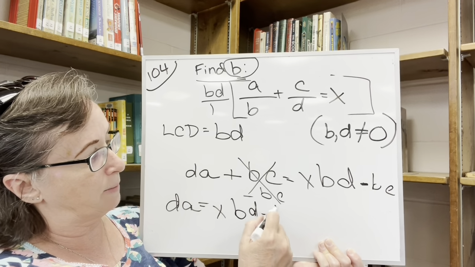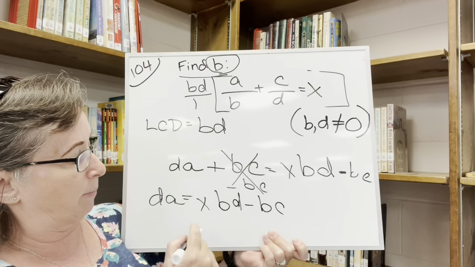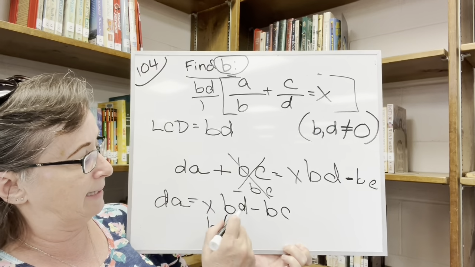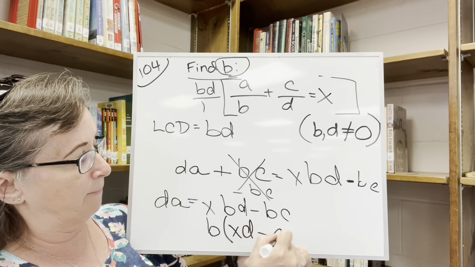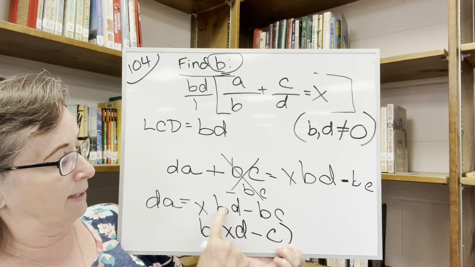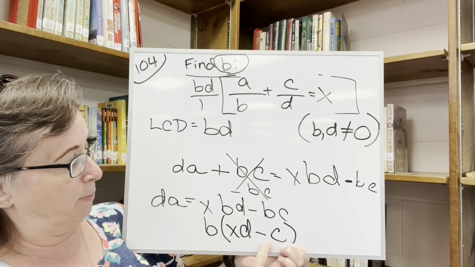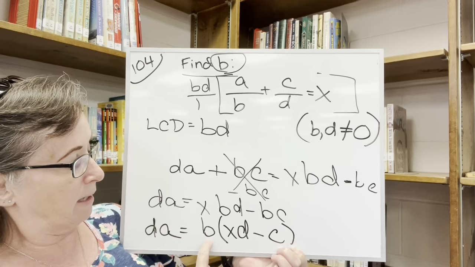xbd minus bc. Now, since I have a b here and a b here, I'm going to pull the b out to the front. b times xd minus b times c. Can you see how I just divided this term by the b and put it there? This term by the b and put it there equals DA. Now I'm trying to solve for the b.